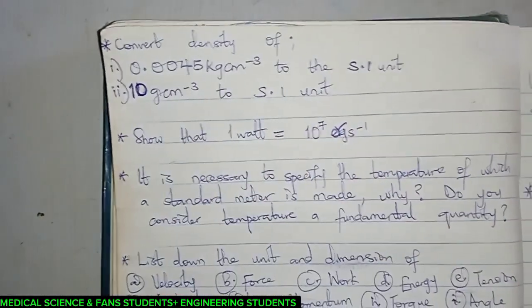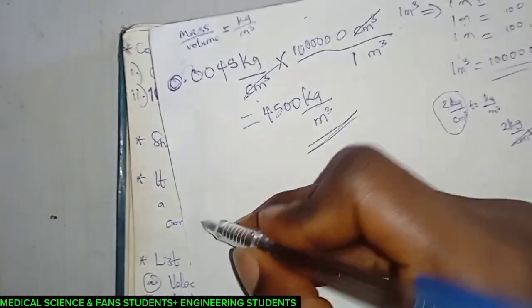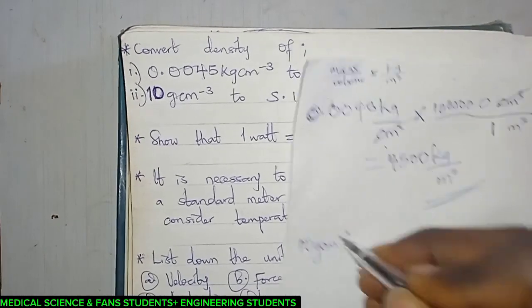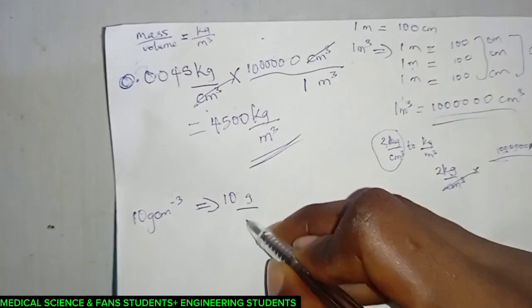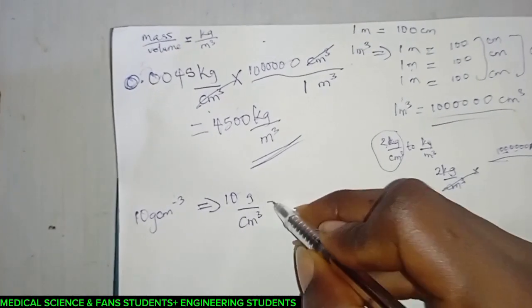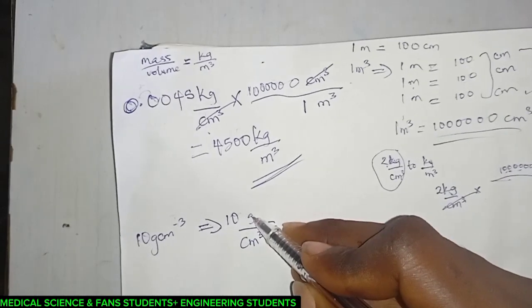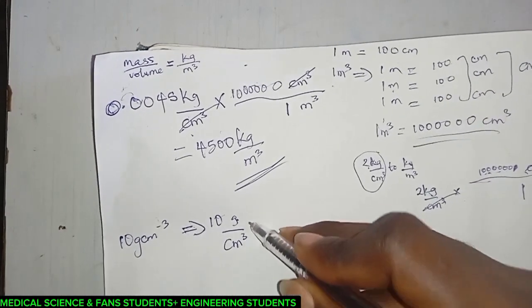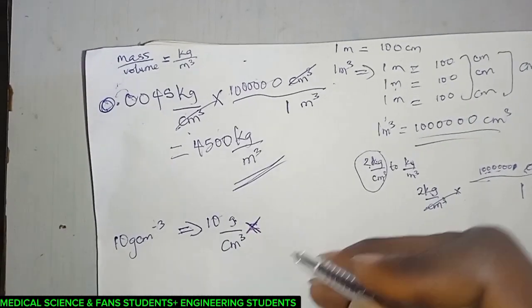Now 10 gram per centimeter cube, the SI units, is the density we are dealing with. So 10 gram per centimeter cube will be equal to 10 gram all over cm cube. This is gram and the unit of density is kilogram, so first of all I convert gram before centimeter cube.